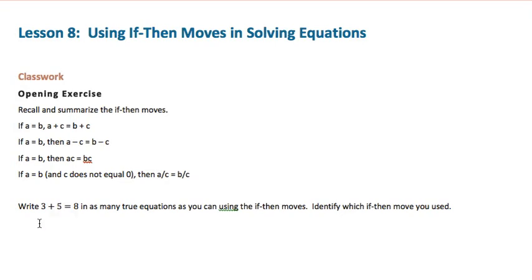It follows then that if we have an equation like 3 plus 5 equals 8, we can add, subtract, multiply, or divide any number to both sides of this equation, and it will still be equal. So let's try it.